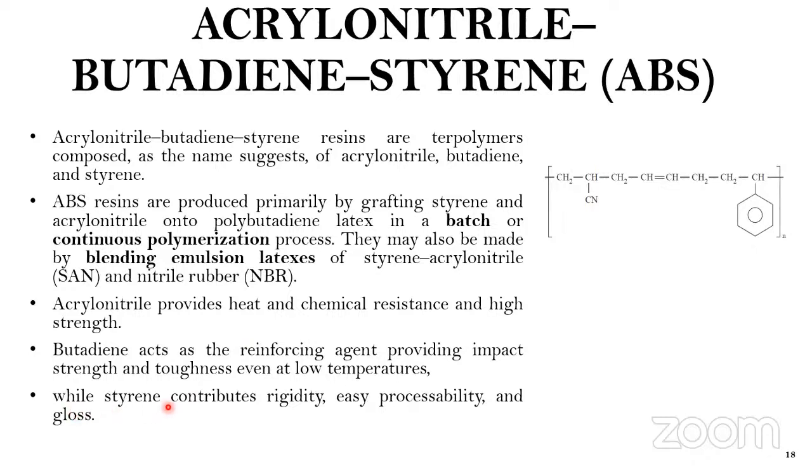Whereas your styrene contributes rigidity, easy processability, and gloss. So in this combination, acrylonitrile will give you very high resistance to heat and chemicals as well as strength, and butadiene will help you act at very low temperature, also giving you a very high impact strength, and styrene contributes the rigidity, the easy processability and the luster property.